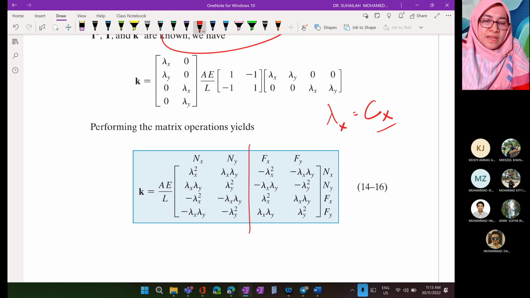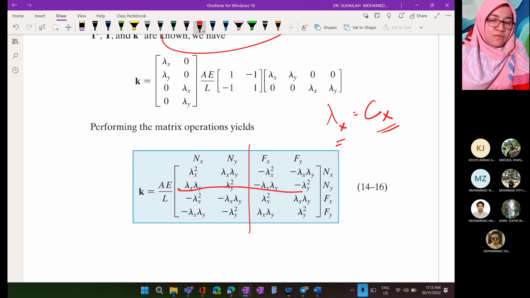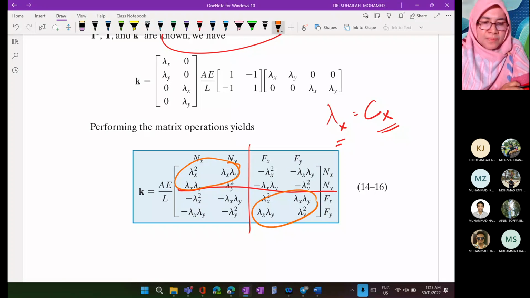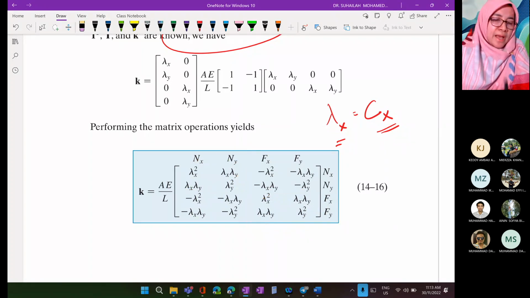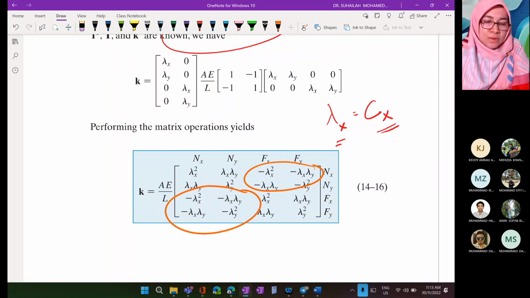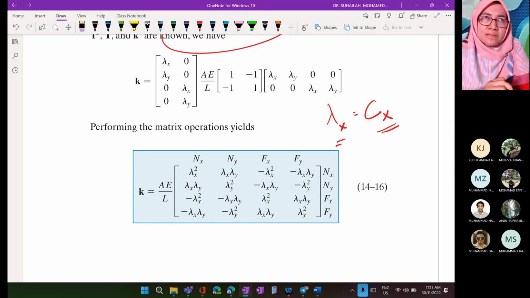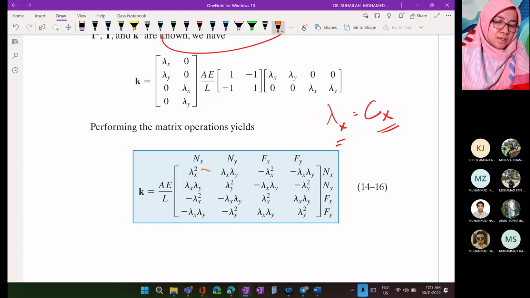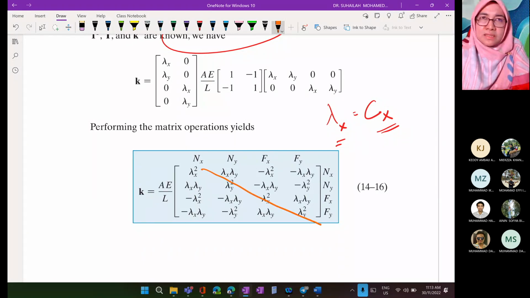I don't mind if you want to use C because C is easy to write, right? Okay, so this is a 4 by 4 matrix. Please look at the formula. This 4 value is equivalent to this 4 value, and this 4 also is equivalent to this 4 value. And matrix means we have to apply all the matrix characteristics, meaning that the matrix is symmetric.